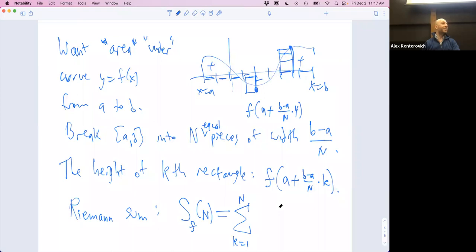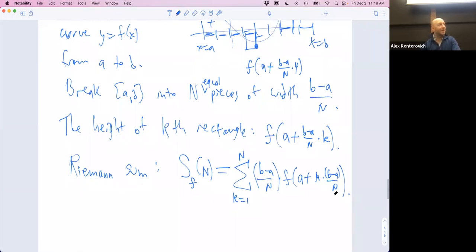Every width is (b minus a) over n. Every height is, well, the heights are all different, but the heights are f of a plus k times (b minus a) over n.